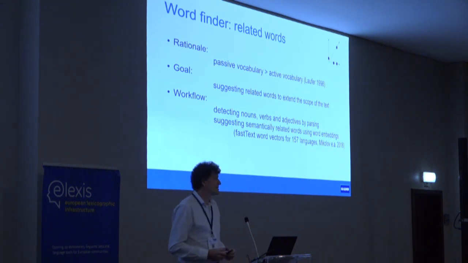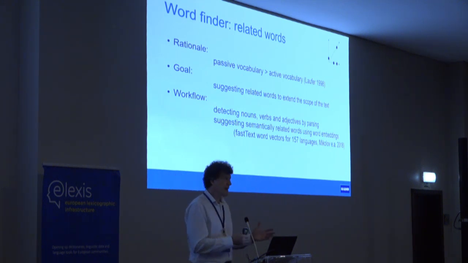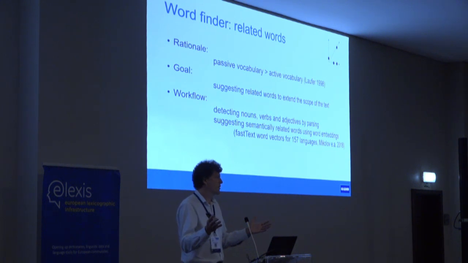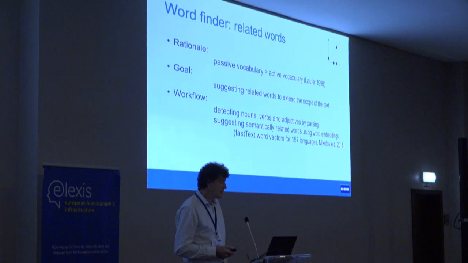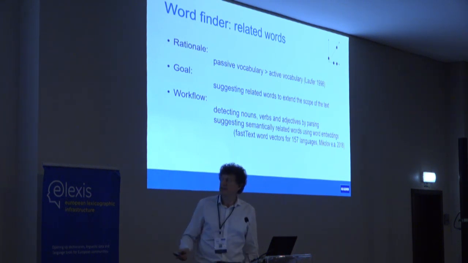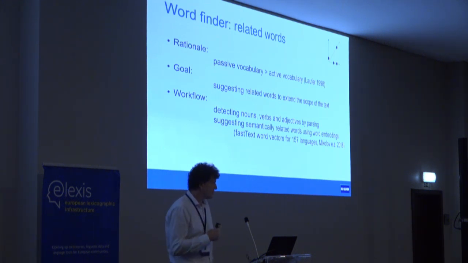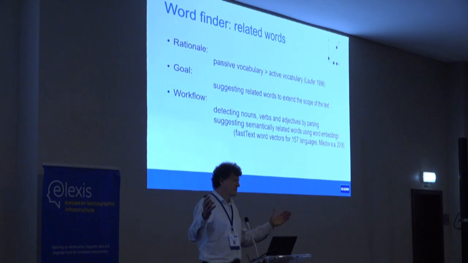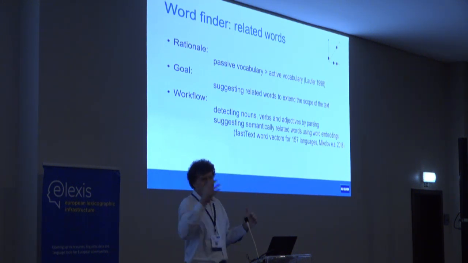Word embeddings is in fact a technique that tries to calculate some value of semantic relatedness between two words. And in fact, we are very lucky because on the website of FastText, you can find this information for 157 different languages. For Dutch, for instance, there is a big file, 2 million word forms and 300 numbers.